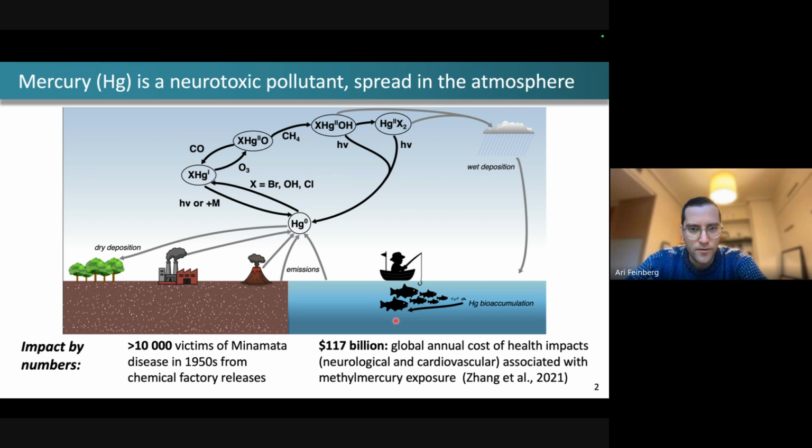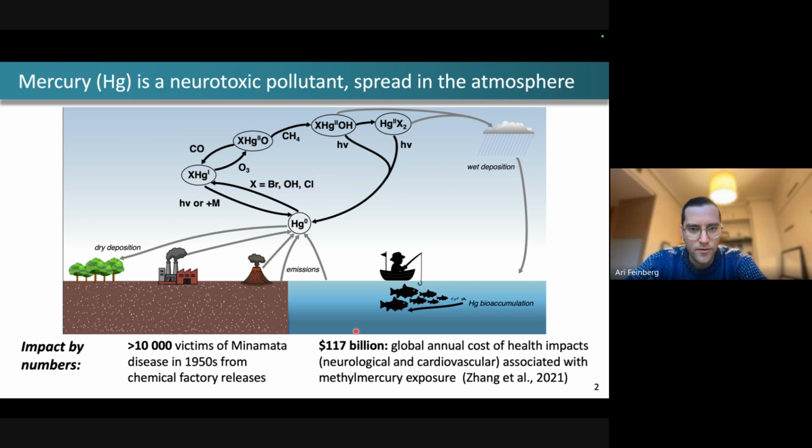And this led to over 10,000 victims at that time. And then thinking about the chronic impacts of mercury, a study estimated the global health cost of the neurological and cardiovascular risks associated with mercury exposure, and this number came out to around $117 billion per year.